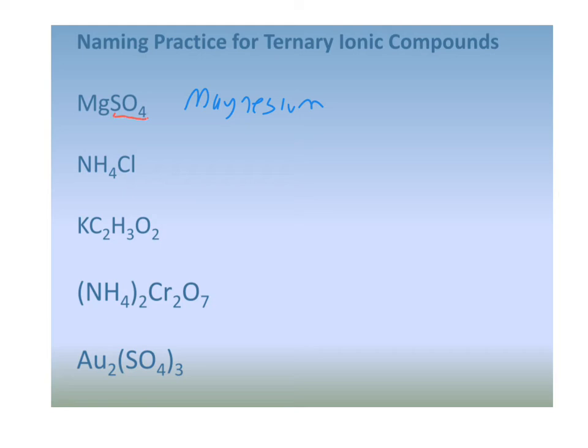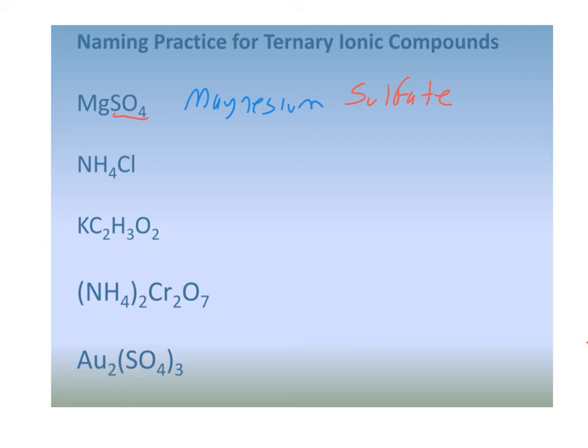Our next part is a polyatomic. We look at our list and we see that it is sulfate, so we're just going to write magnesium sulfate. Magnesium is a group 2 metal. It is always +2, so we don't have to worry about any Roman numerals with this one.